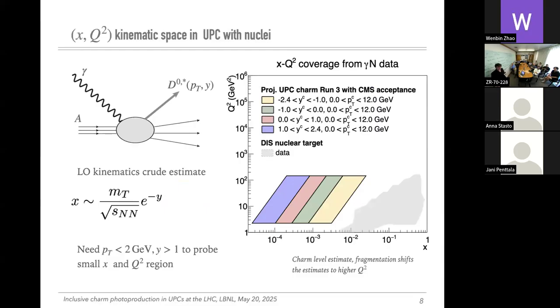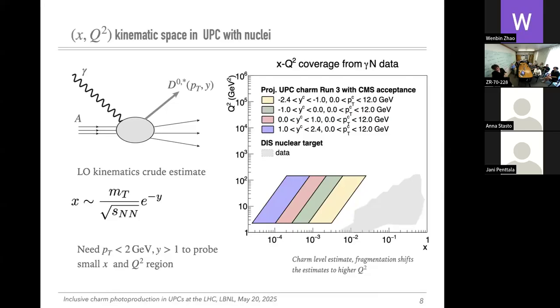In the nuclei, we tried to make some estimate of the kinematics, where you are in x and Q squared. This is really crude and probably even too low. If you assume this sort of rough relation, and your quarks are somewhere going in the same forward rapidity region, this is more or less what you get for pT between 0 and 12 and rapidities between minus 2.4 and 2.4.